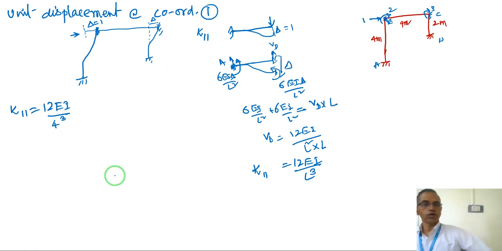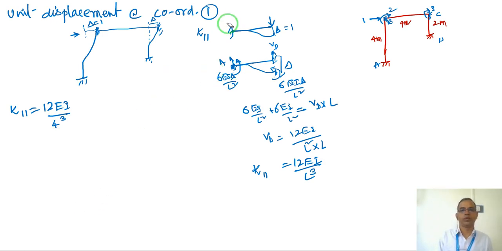Now we have seen displacement at 1 effect at 1, that is K11. So displacement 1 effect at 2.